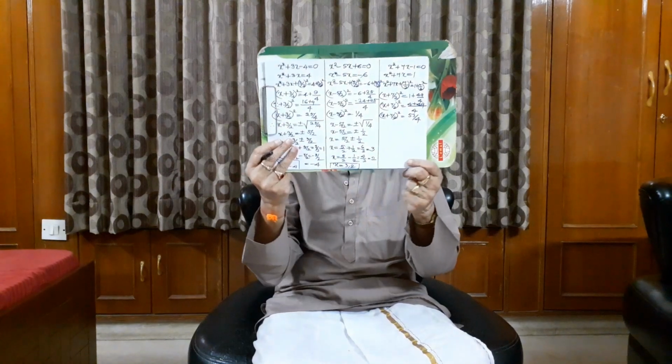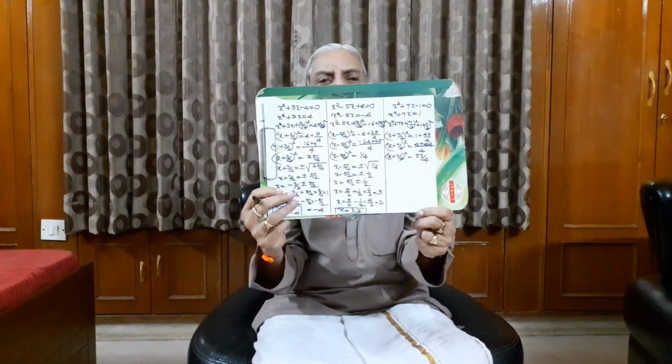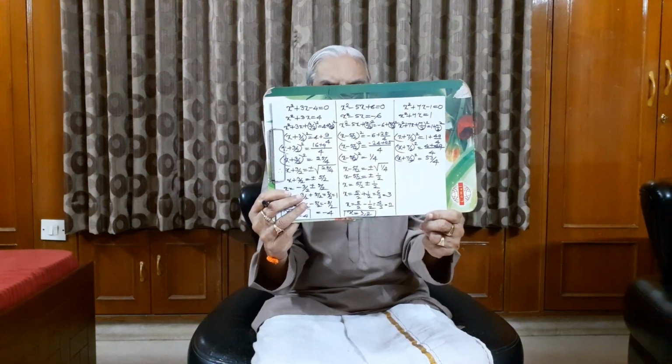X plus 7/2 the whole square is equal to, what is 49 plus 4? 53/4. The denominator will always be a perfect square. 4 is a perfect square. That you must understand.